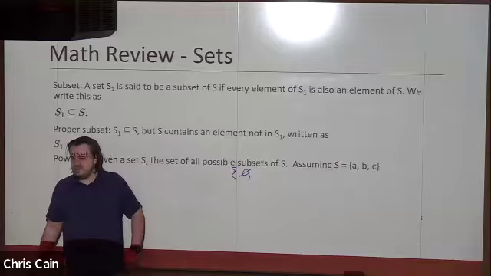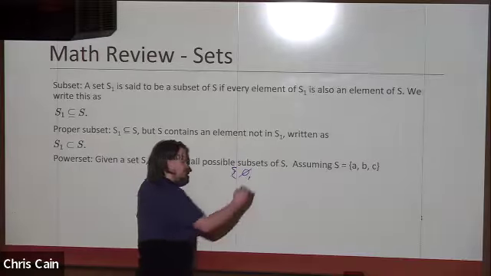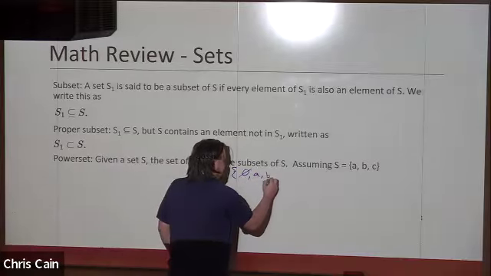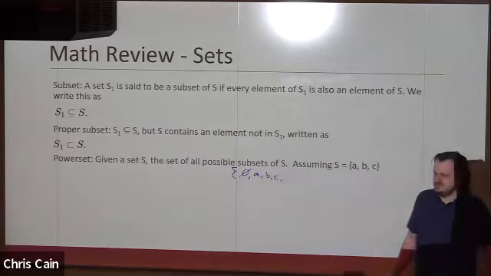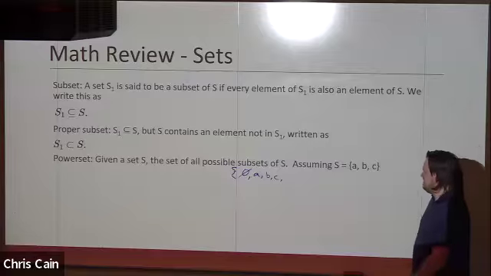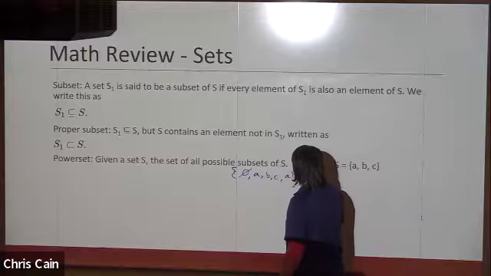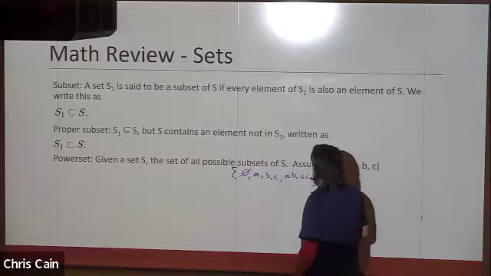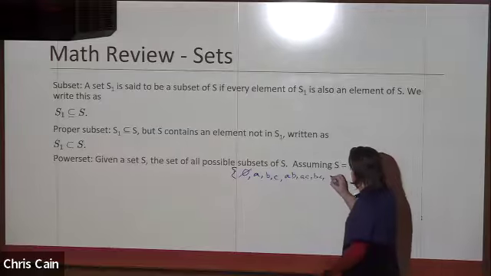How many elements are there of size 1? Three of them. Each of the distinct elements, A, B, and C. How many are there of size 2? Also 3. What are they? A B, A C, B C. And how many ways are there to grab 3? Exactly one way, A, B, and C.